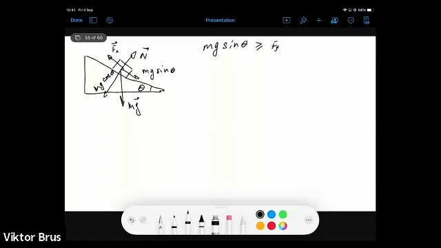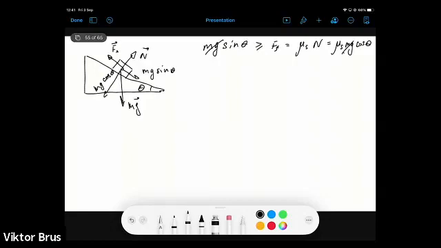So from here, Fs is equal to mu s times N, and N is mg times cosine theta. So now we see we can cancel out mg on both sides and get the value of this critical angle.